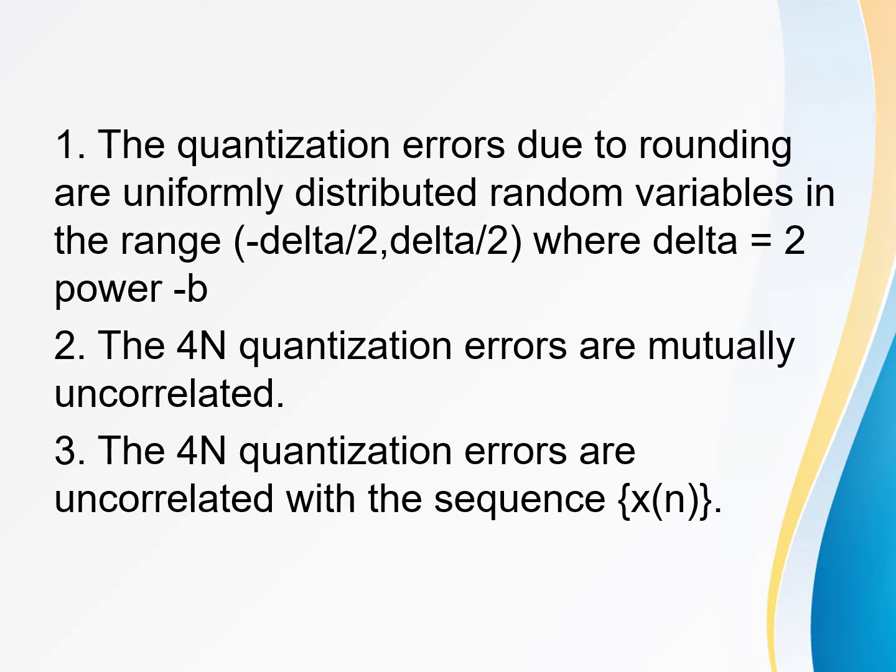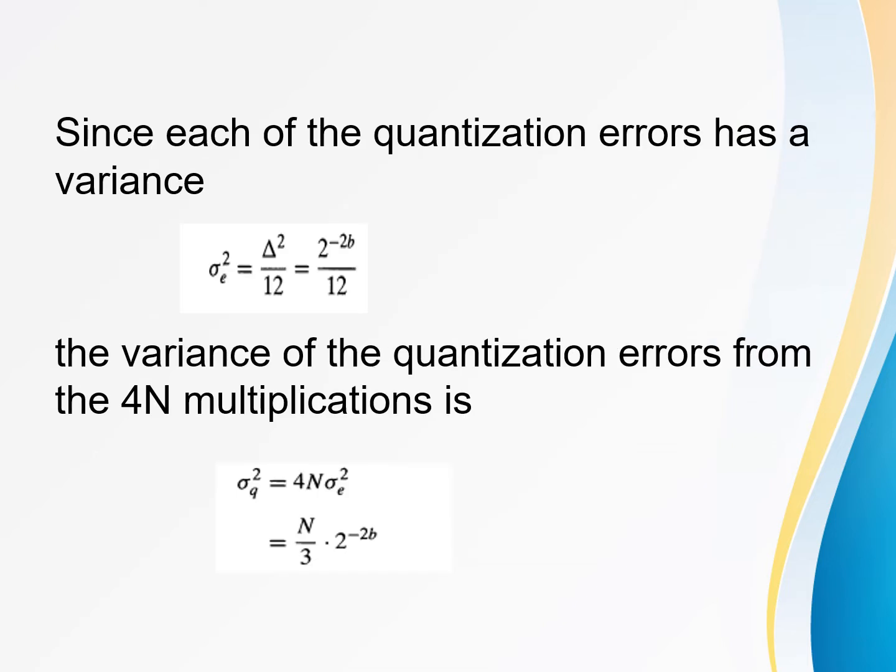Those assumptions are: the quantization errors due to rounding are uniformly distributed random variables in the range minus delta by 2 to delta by 2, where delta is equal to 2 to the power minus b. The 4N quantization errors are mutually uncorrelated. The 4N quantization errors are uncorrelated with the sequence x of n.